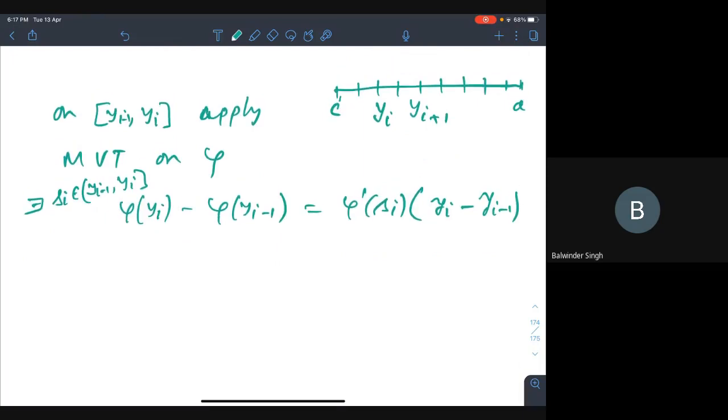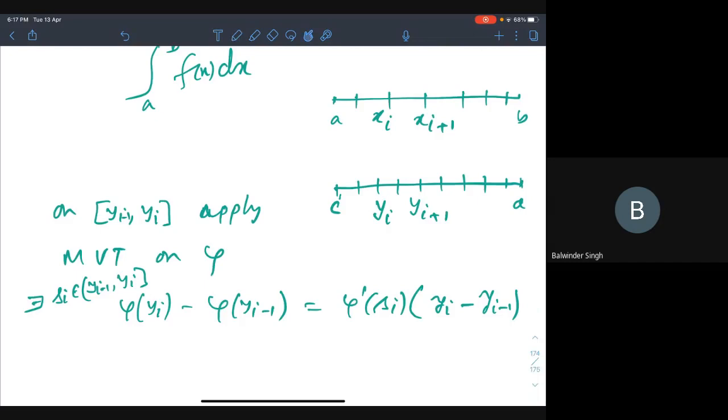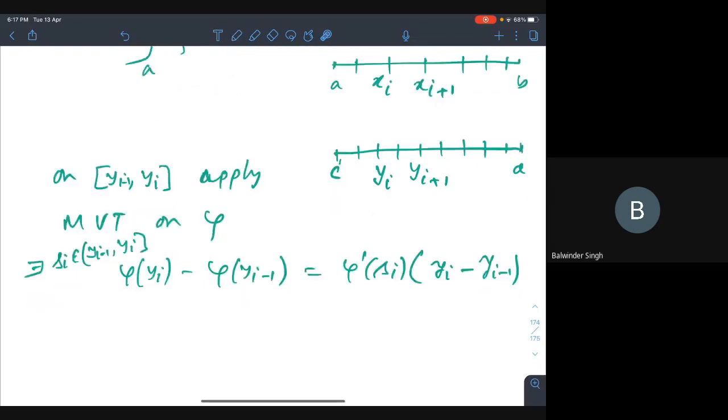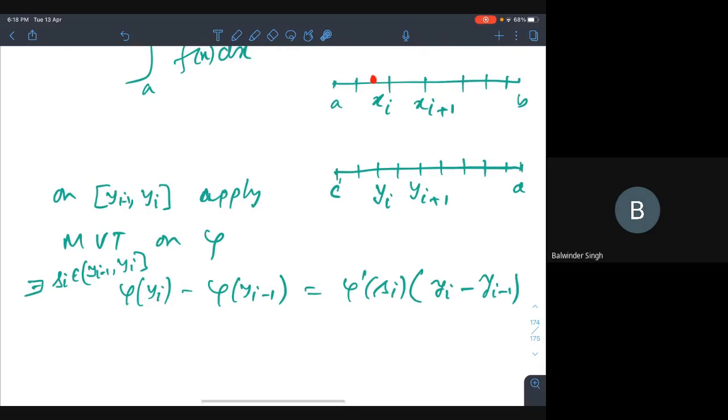Now you look at the Riemann sum for this integration. You look at the points here, ti, let's look at ti, which is phi of si.